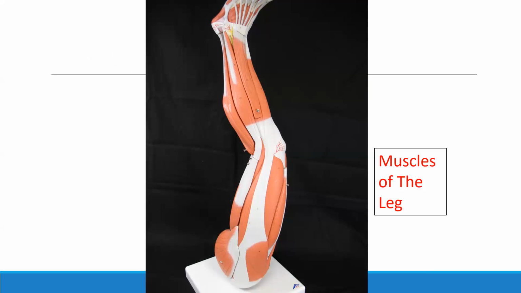The leg muscles. We have a number of muscles here to pay attention to, some more than others. If we take a look at our leg, the first thing we see in the lower leg is a very large muscle just to the lateral side of the anterior crest of the tibia. The anterior crest is the one that helps us to find tables and chairs in the dark by walking into them.